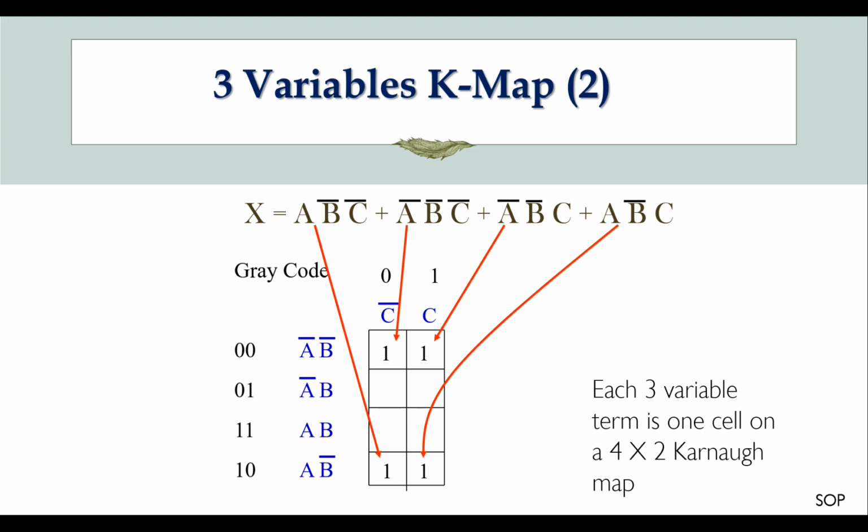Okay, this is an example for a 3 variable K-map. You got X equals A B bar C bar plus A bar B bar C bar plus A bar B bar C plus A B bar C. By looking at this equation, you know that this one is SOP.